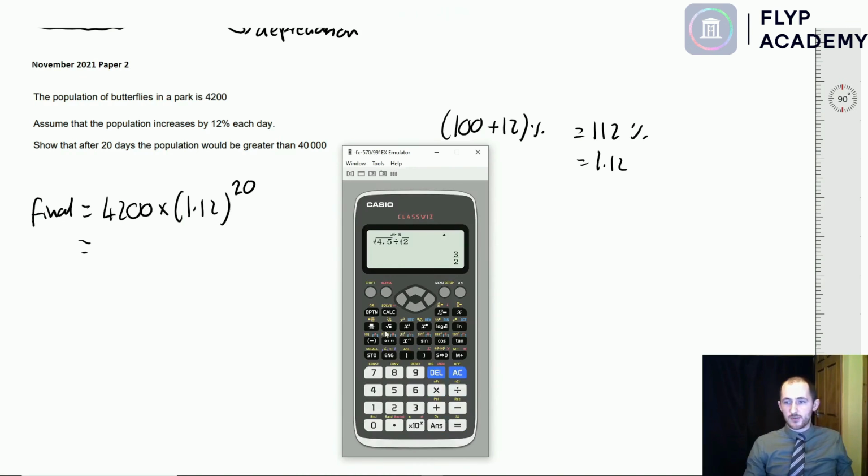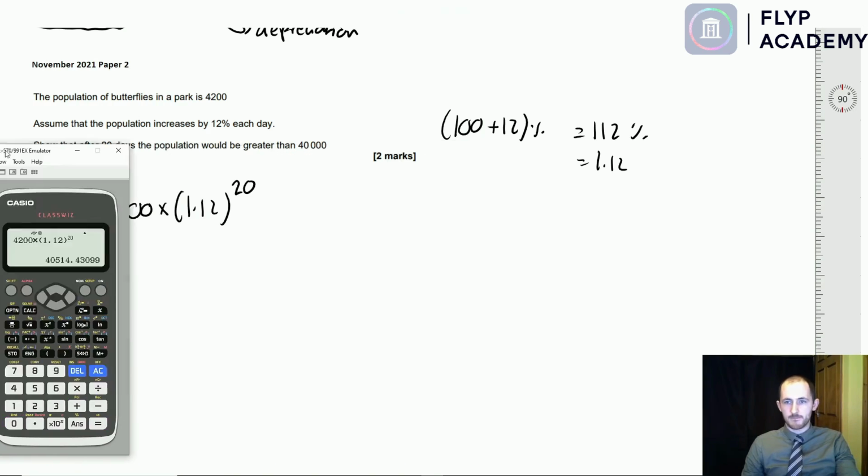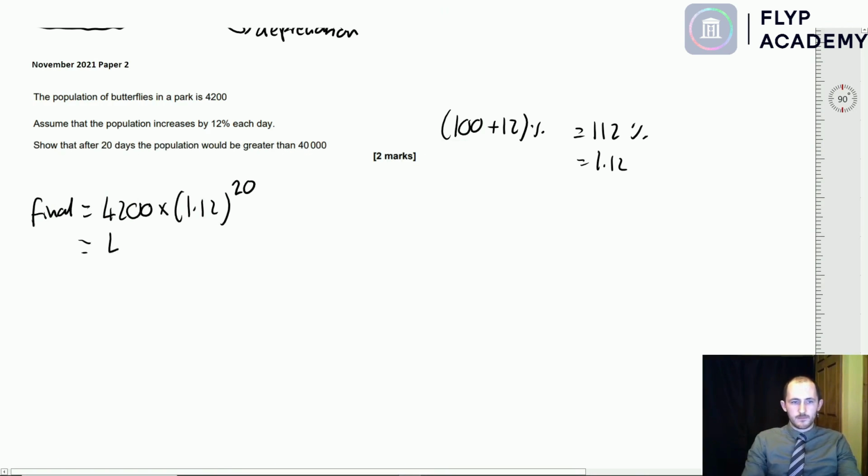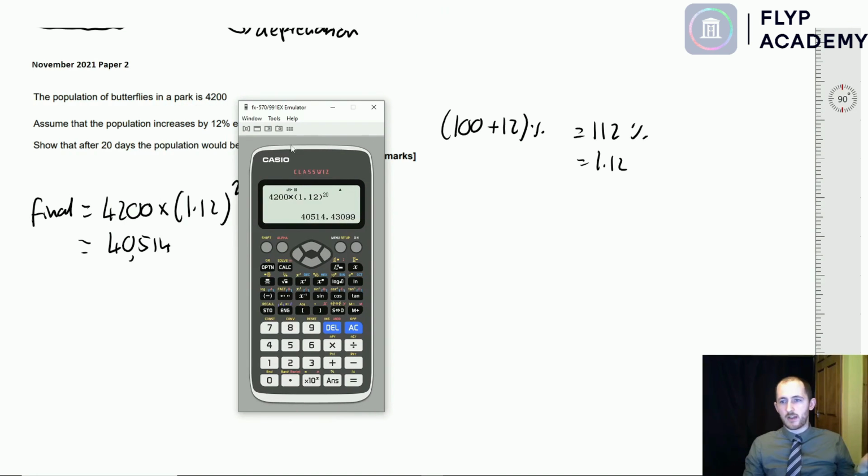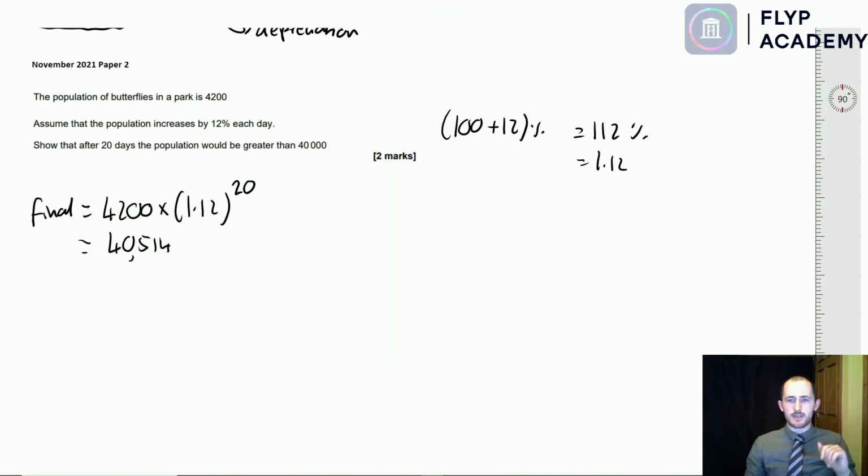So we have 4,200 multiplied by 1.12 to the power of 20. I'm not going to write the decimal because it's the number of butterflies, and I'm pretty sure you can't have 0.4 of a butterfly. So we'll leave it as that, which is indeed greater than 40,000.